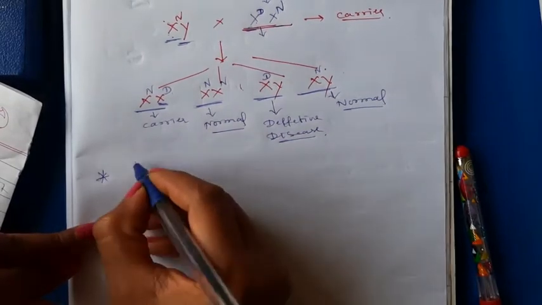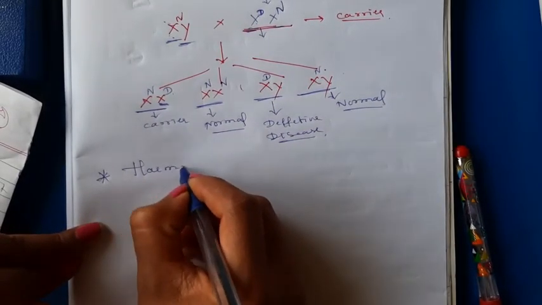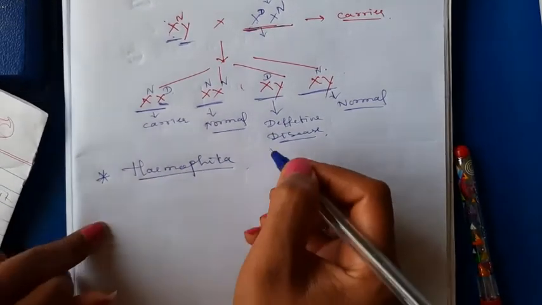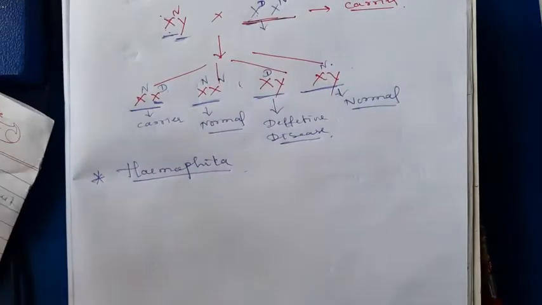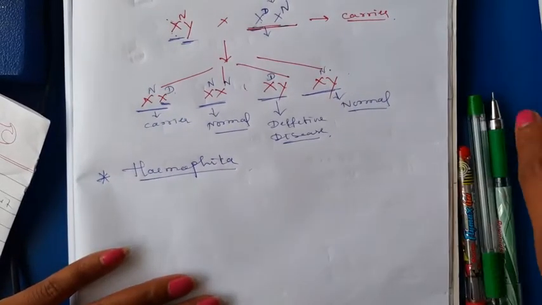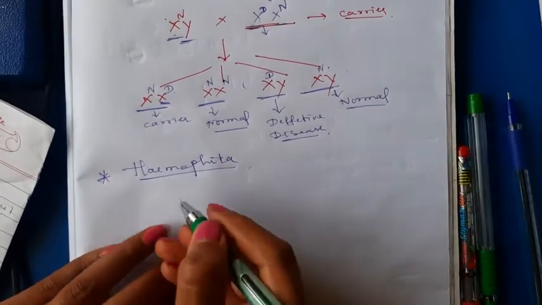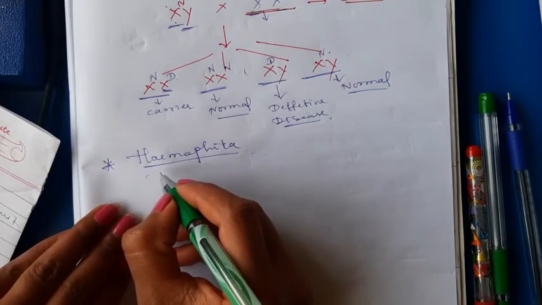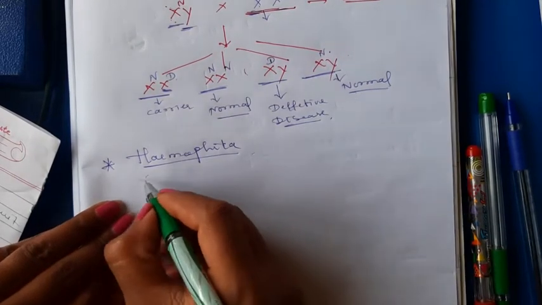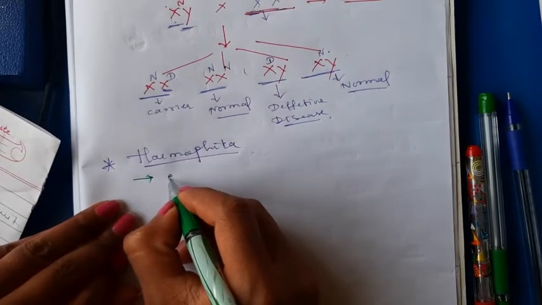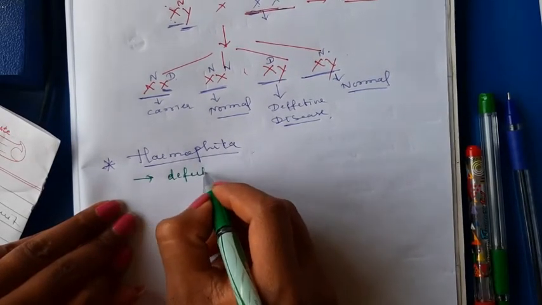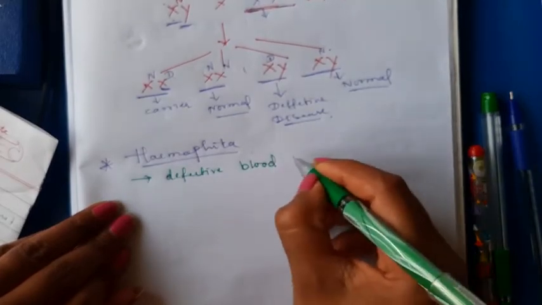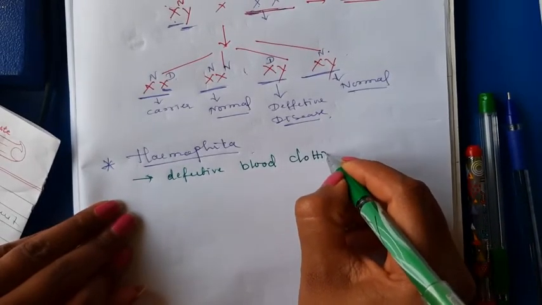Now the actual symptom of hemophilia: individuals with this disease have defective blood clotting factors.